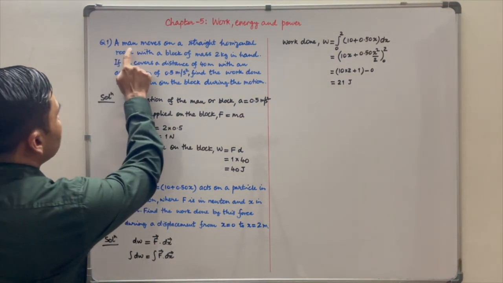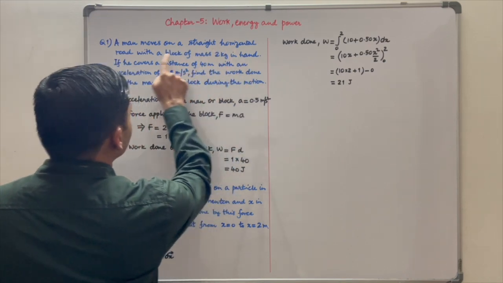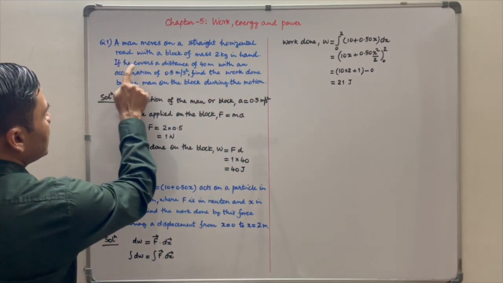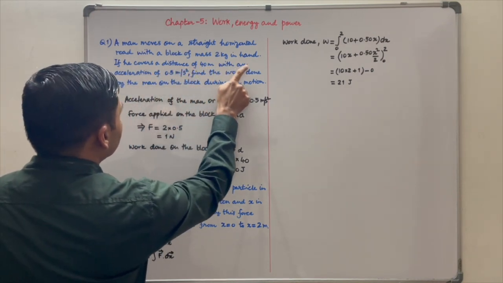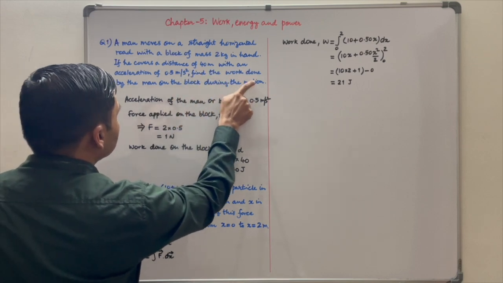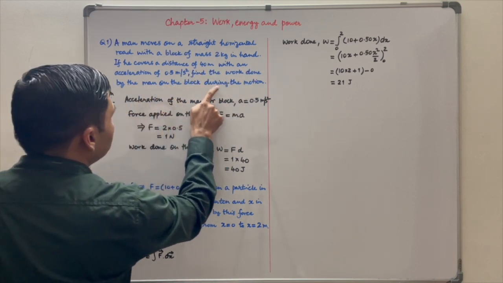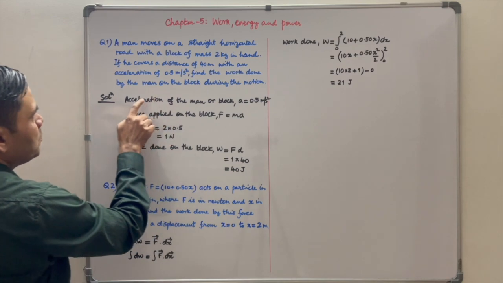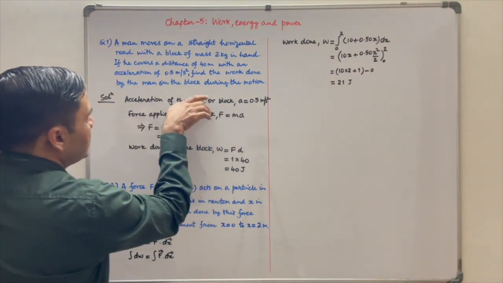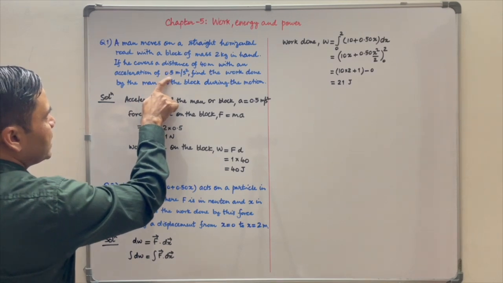First question, a man moves on a straight horizontal road with a block of mass 2 kg in hand. If he covers a distance of 40 meter with an acceleration of 0.5 meter per second square, find the work done by the man on the block during the motion. Suppose man and block both are moving in forward direction. Their acceleration is 0.5 meter per second square.